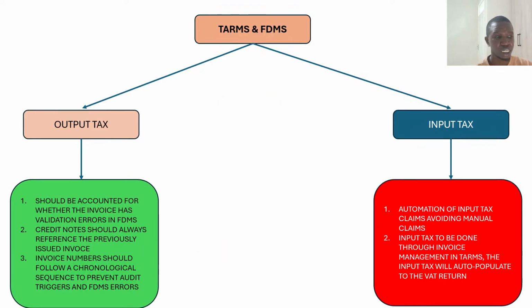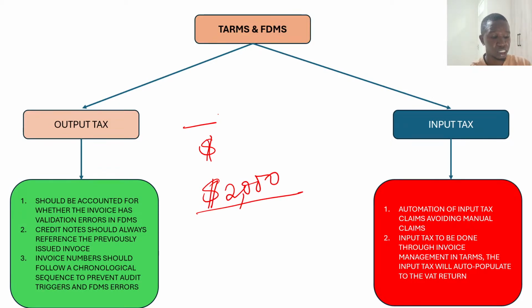And that output tax, in terms, feeds to FDMS. So whenever you are making sales through your accounting system or your point of sale, whether the fiscal device is working or is not working, you should factor in all the VAT that you sold in that month, right? Let's say another invoice of 2,000 has errors, VAT.